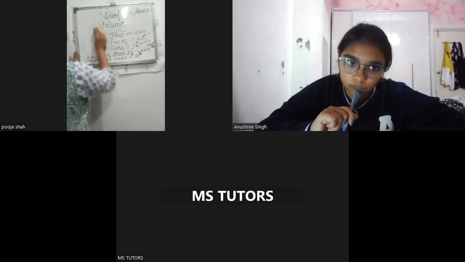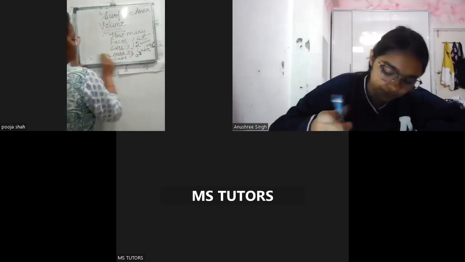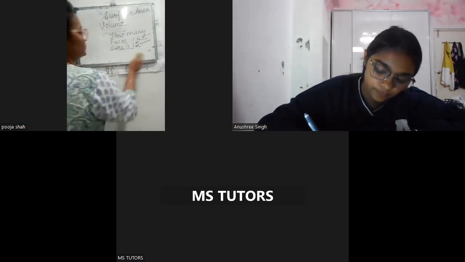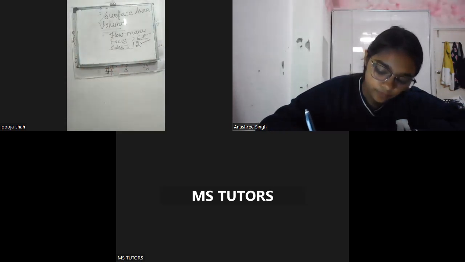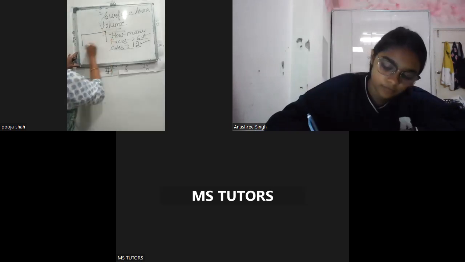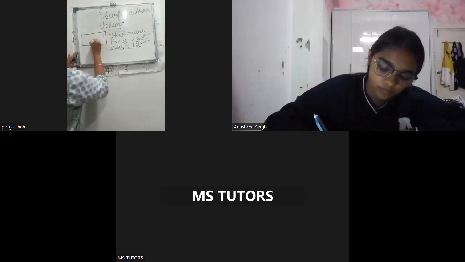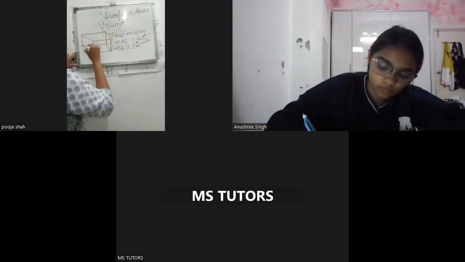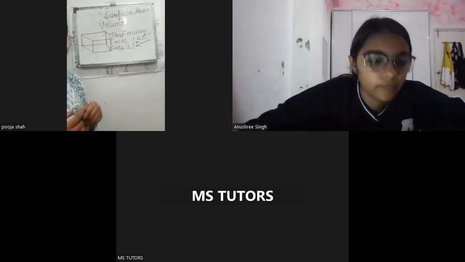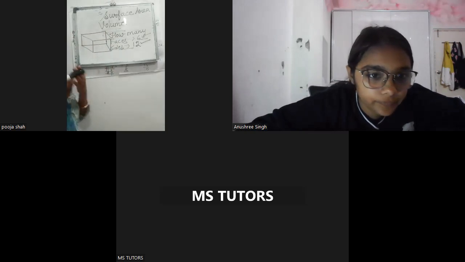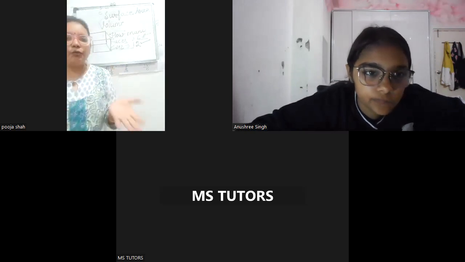Now, there is another thing, that is cuboid. Which figure is this? Cuboid. Now, what is the difference between cube and cuboid?